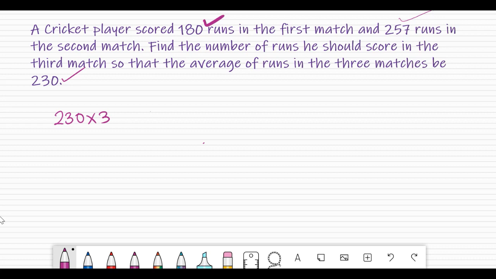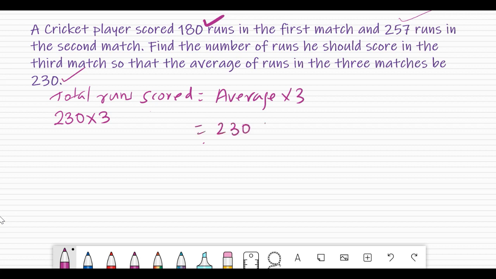I will make it into an equation. Total runs scored must be equal to the average given into 3. Correct? Average is 230 into 3, that means 690 must be the total.